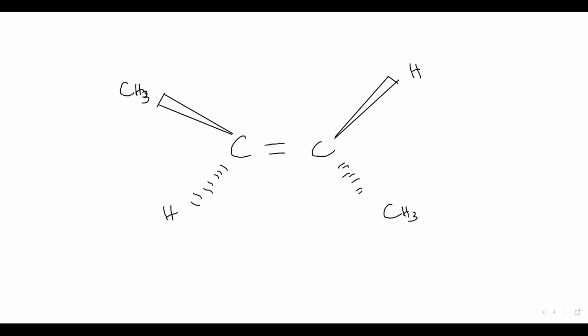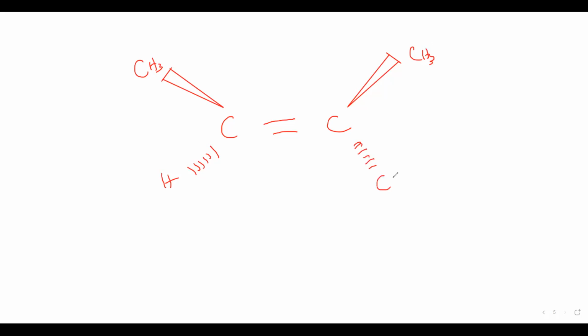So when we check, the heavy group is compared with the other heavy group, comparison is between these two. This is heavy. So if heavy groups are on the opposite side, what we call that? We call that trans or E.